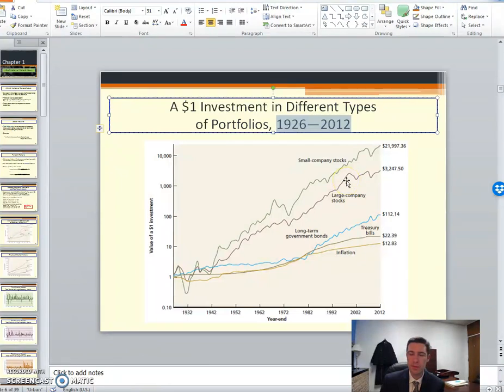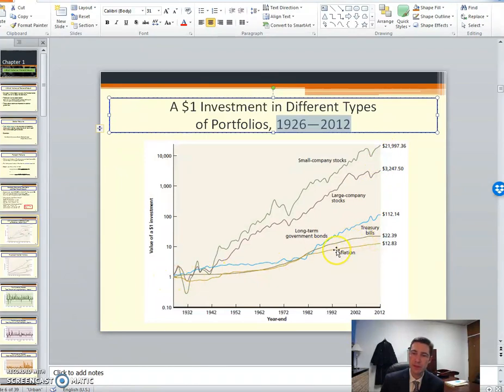So now what if you invested that in long-term government bonds? These are like 30-year federal government bonds or maybe 10-year federal government bonds. If you invested that dollar, it would have grown to $112, which is way lower than the large company stocks or the small company stocks.